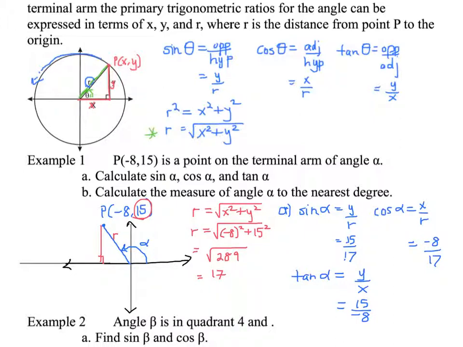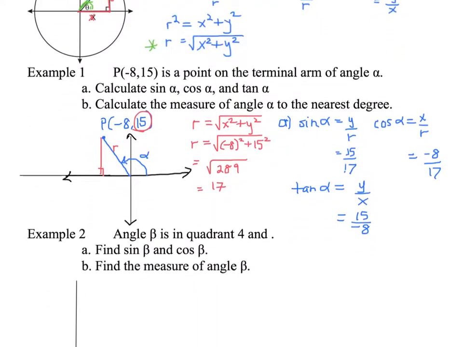Now in part B, we are asked to calculate the measure of angle alpha to the nearest degree. I could use any one of the ratios that we just figured out for angle alpha to do that. It wouldn't matter which one. So let's use the sine ratio.